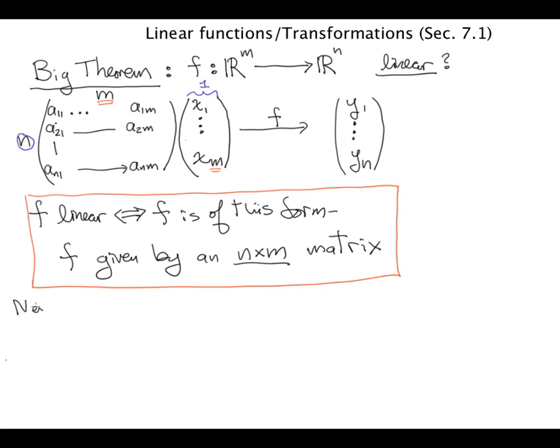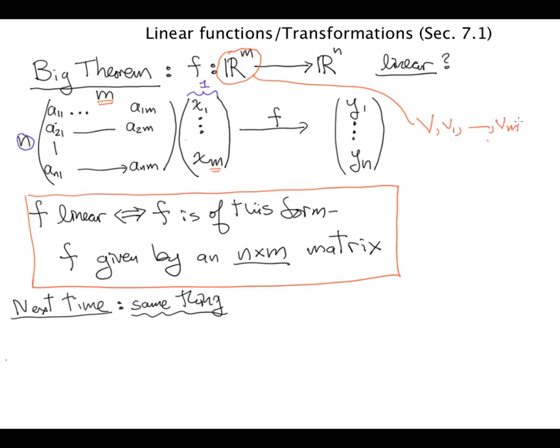So next time, I'm going to say basically the same thing holds, the same big theorem, where instead of this Rm, I'm just going to say you have a vector space V with a basis v1 through vm, and instead of Rn, I'll put some other vector space W with a basis w1 through wn.